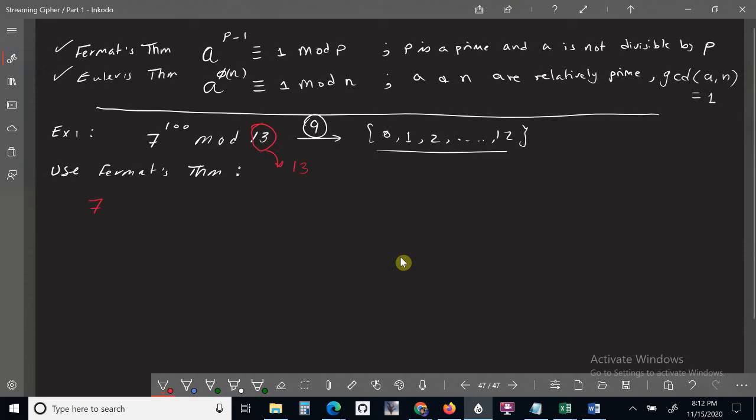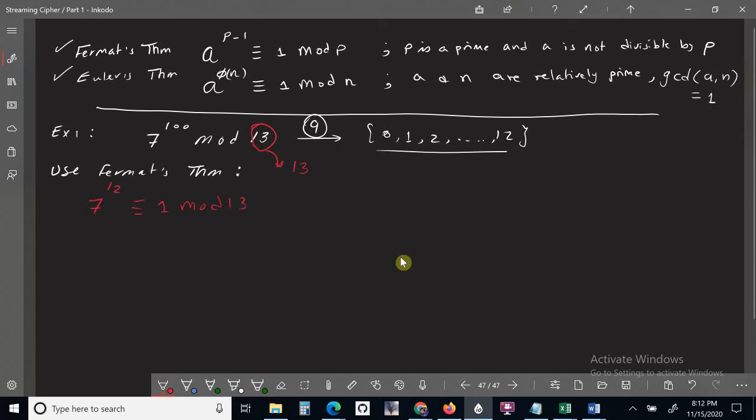If I apply Fermat's theorem based on this modulus, 7 to the power p minus 1, which is 12, is congruent to 1 mod 13.